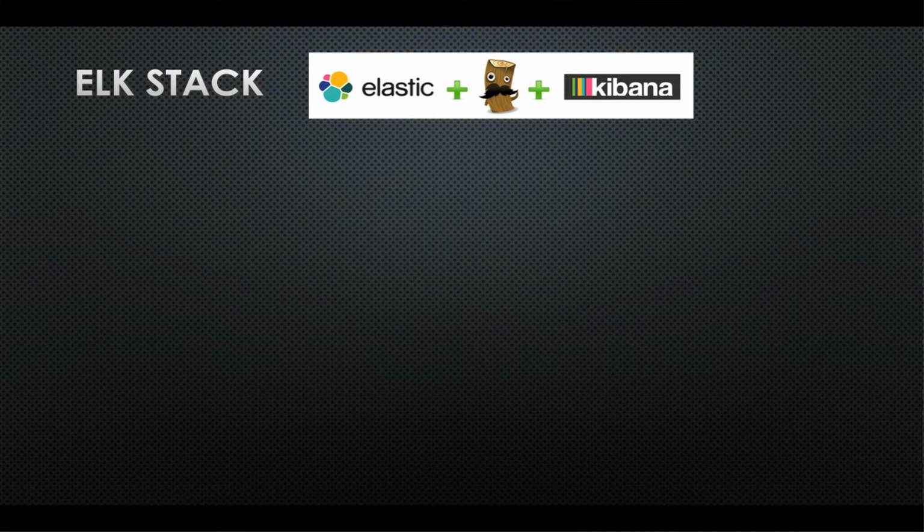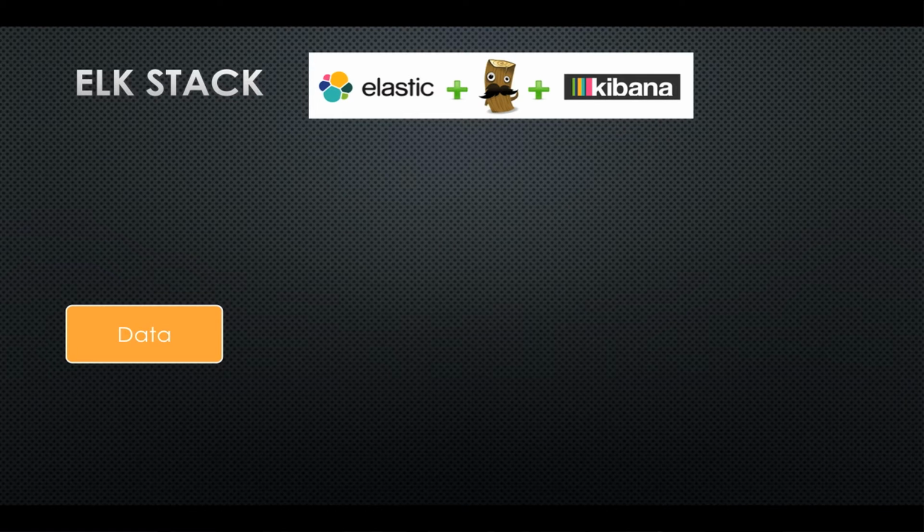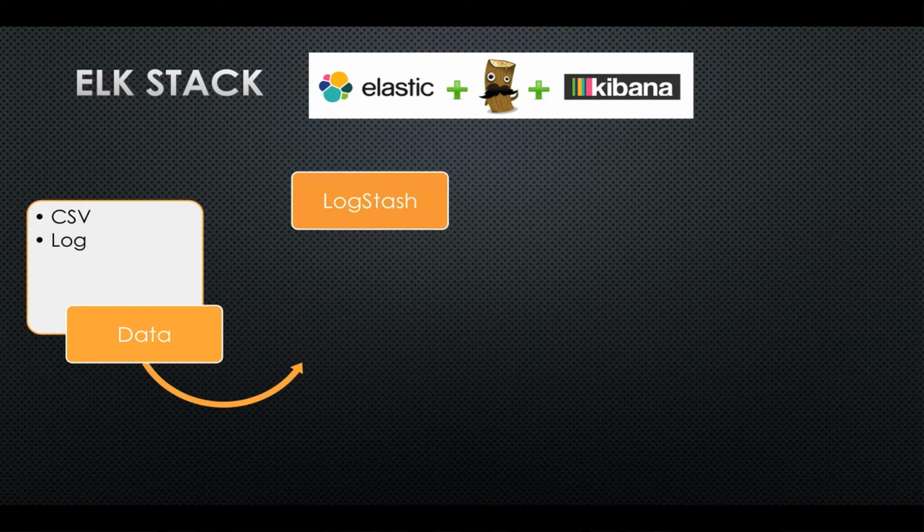So we chose to go with the ELK stack, which stands for Elasticsearch, Logstash, and Kibana, which is open source. These are all free open source tools. Basically, using this stack, you start with your data, and you configure it so that Logstash can read your data.